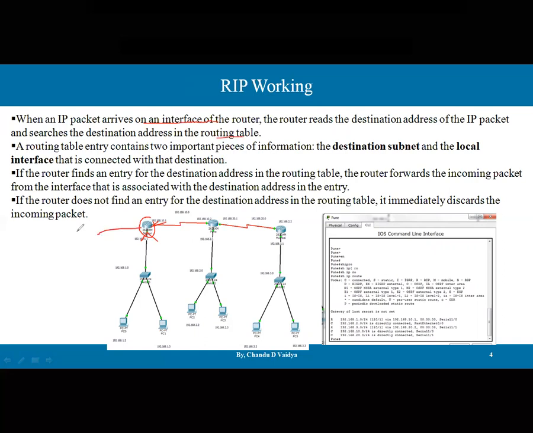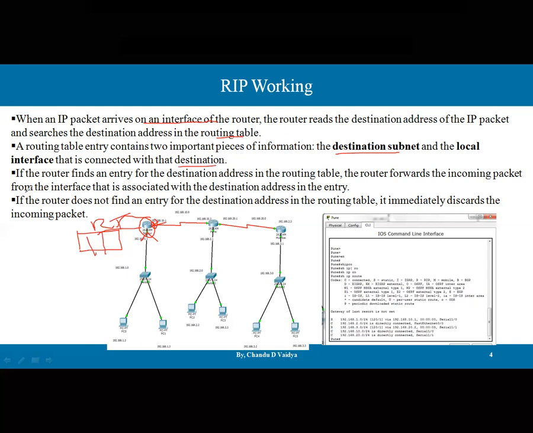Every router has a routing table, and if any packet arrives on a particular interface, it searches the routing table first. The routing table entry contains two important pieces of information: the destination subnet and the local interface. These are the two pieces of information mostly required, connected with that destination.